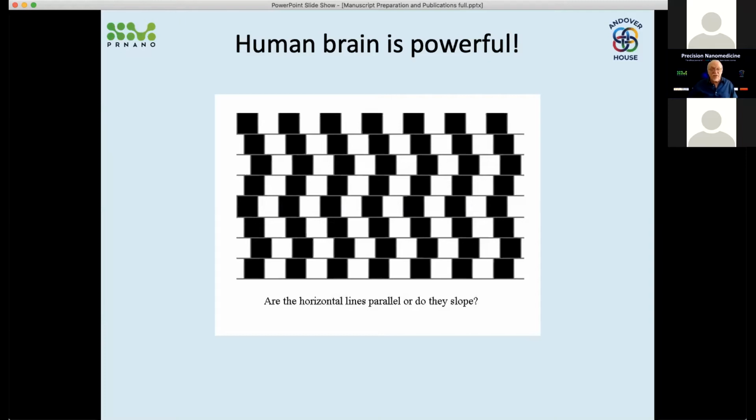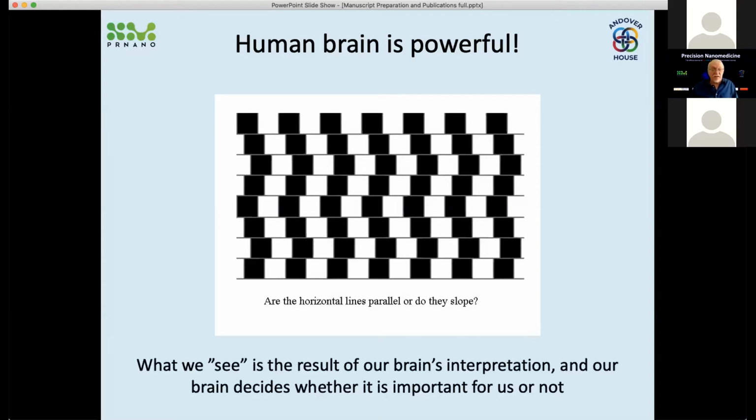I assure you these are parallel lines, but your brain, through your eyes, interprets them differently. So it's not enough to look; you have to measure. What we see is the brain's interpretation, and everybody's brain separately decides whether that kind of information is important or unimportant for you.